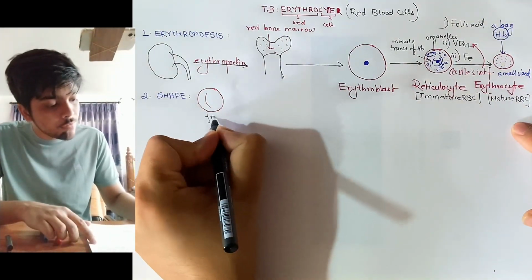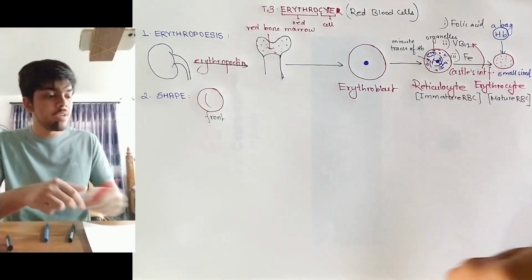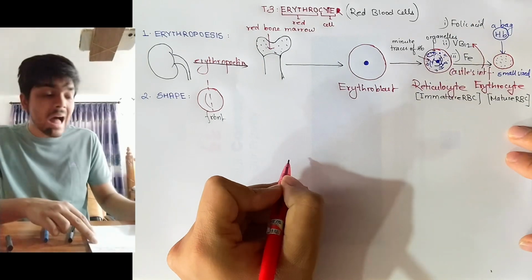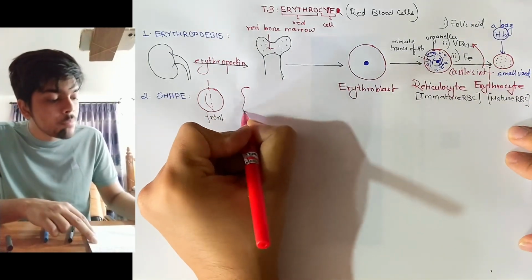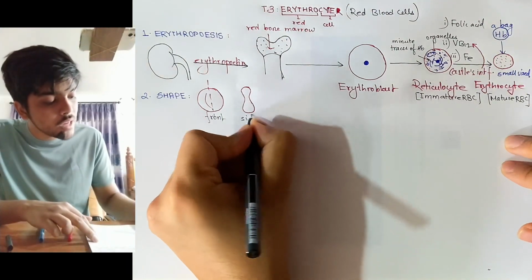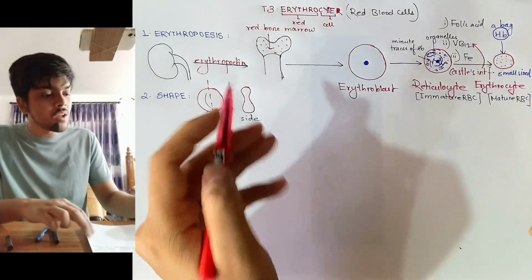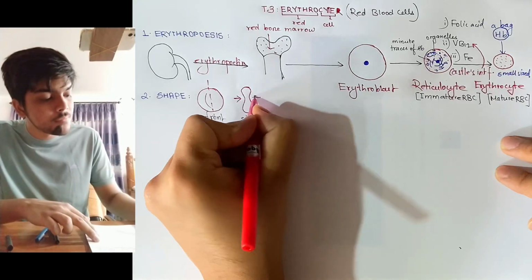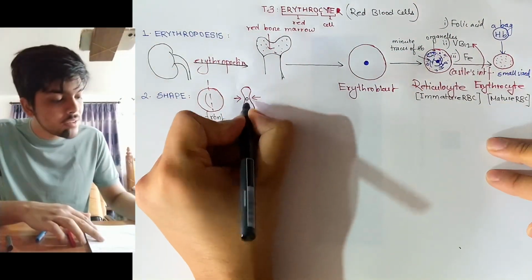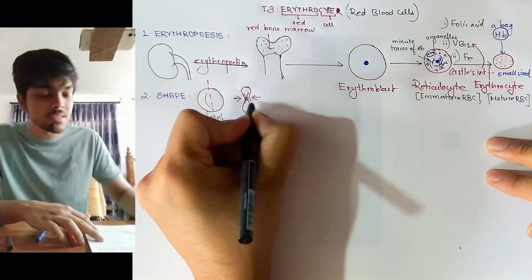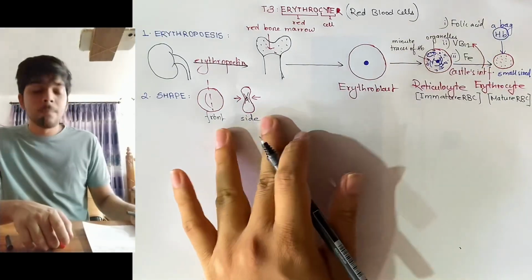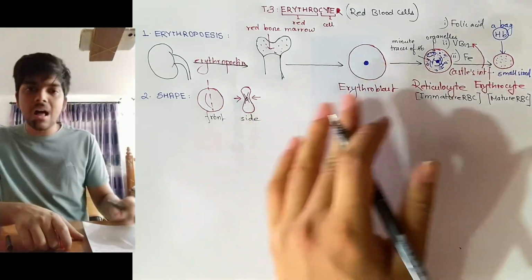But if I cut this erythrocyte in half and then observe it from the side, this is the side view of the erythrocyte. You can see that there's concavity from two sides, there and there, and that's because there's no nucleus inside the cell. Since there's no nucleus, there's concavity or depression from two sides. So from this you can conclude the shape of the RBC.